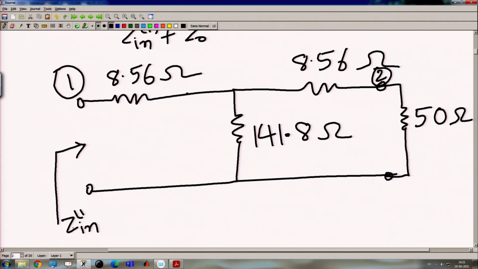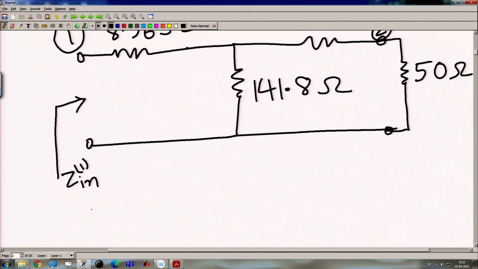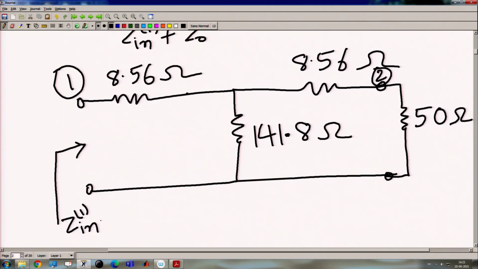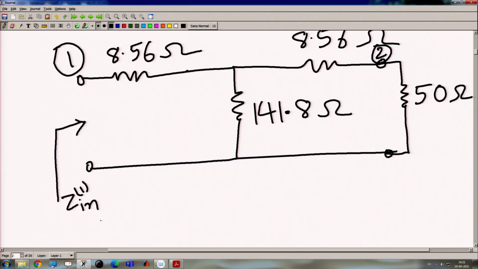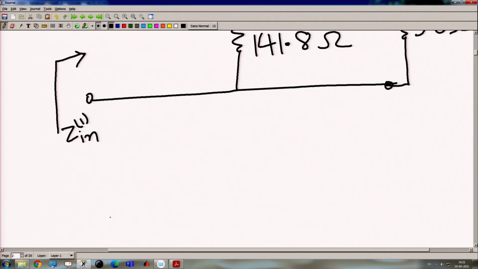So, Z in we can calculate from this circuit. Z in will be 8.56 in series with the parallel combination of 50 plus 8.56 and 141.8, and we can write it like this.